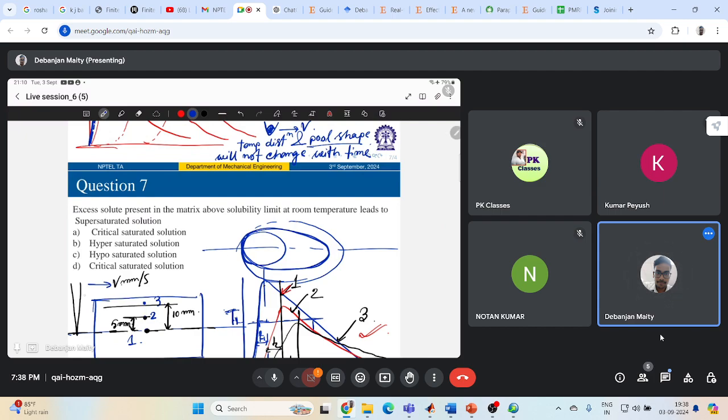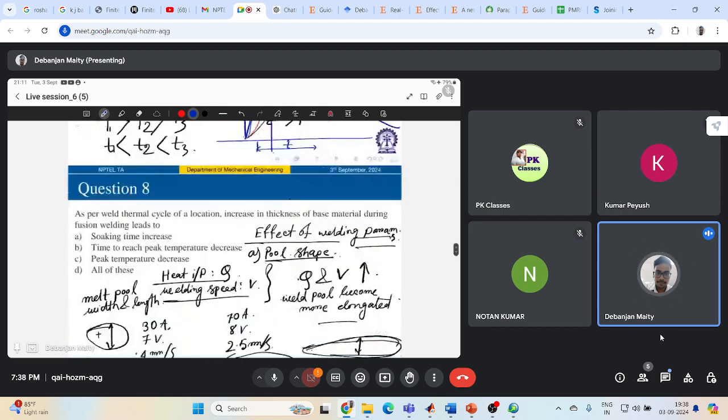It leads to a supersaturated solution. I have posed the question in a wrong way, but yeah. If there is excess solute present in your matrix, I will come to this precipitation hardening portion quickly. So this is called a supersaturated solution.